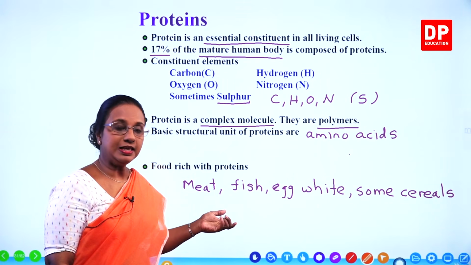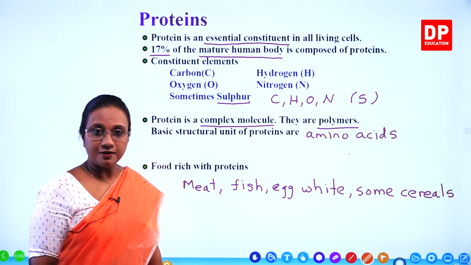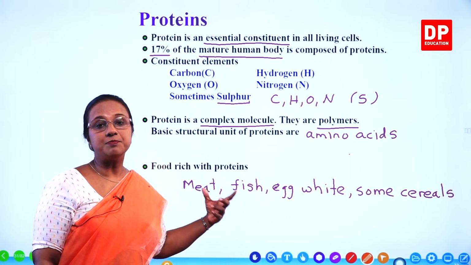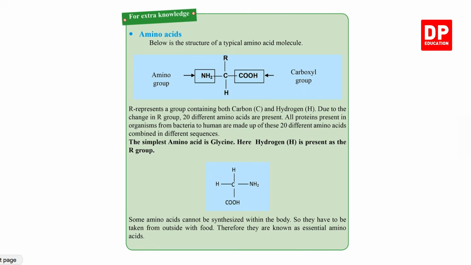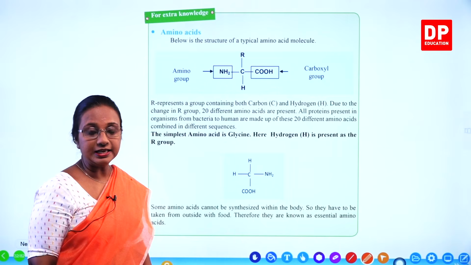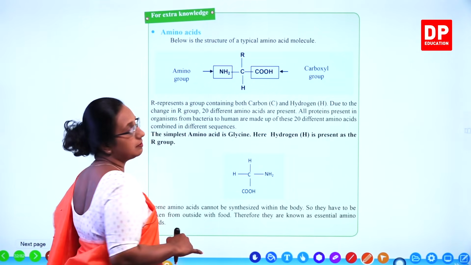Now we will see how these amino acids are formed and the types of amino acids present. If you look at this structure, which is given in your book, the amino acid structure looks like this. There is a carbon in the middle.